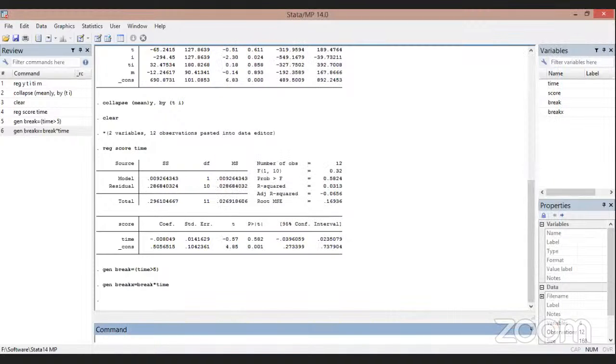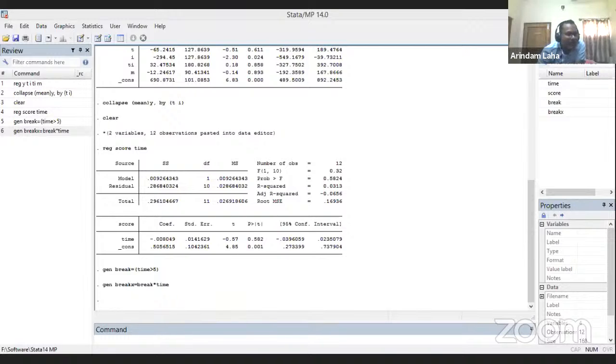Sir, I have a question: how come in the earlier command you wrote time greater than 5? Here, if you consider 1, 2, 3, 4, 5, the observation starts from 2005, which is 1.